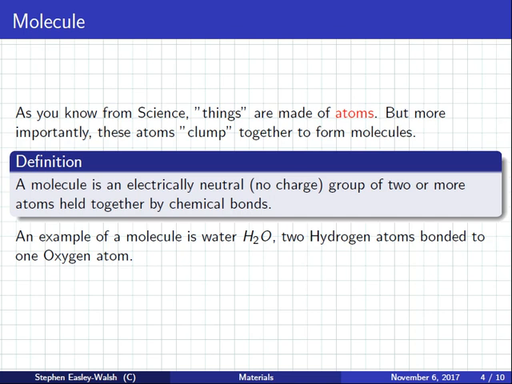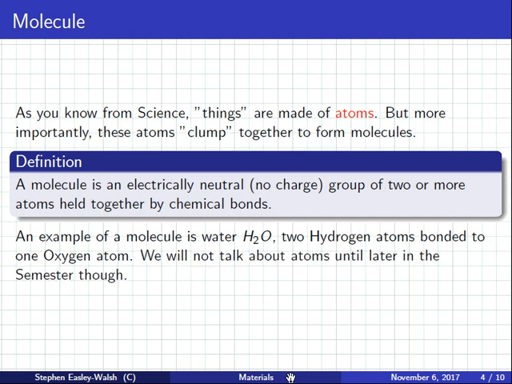Pure water does not conduct electricity, but water is never pure. Okay, you got that? We'll not really talk about atoms until the second semester. In fact, you talk a lot about atoms in chemistry already, so you already have a good knowledge of atoms.